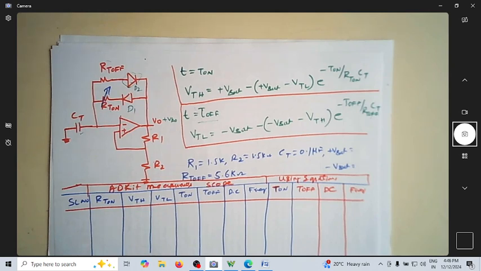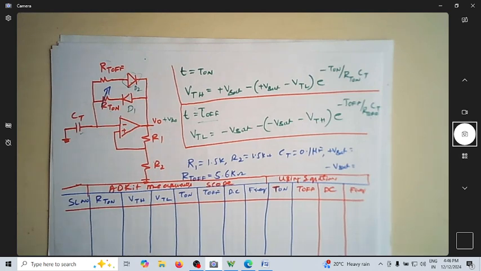So this is done. I'm connecting these. It's connected now.